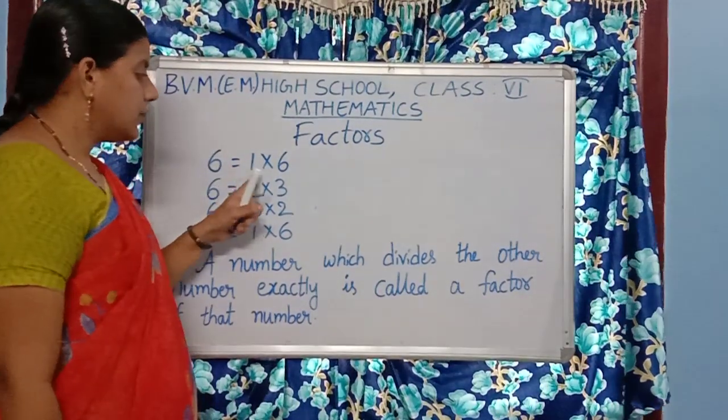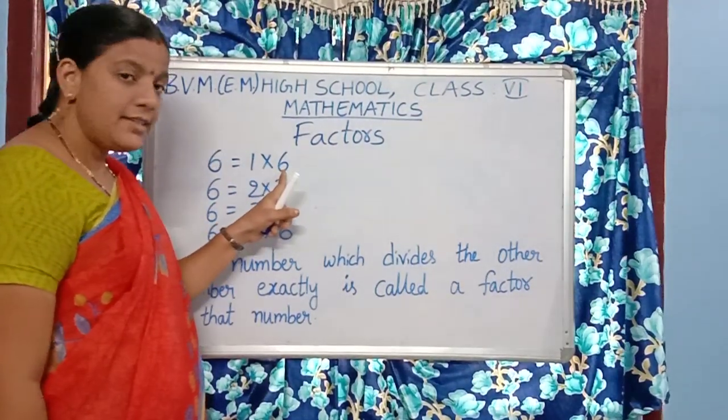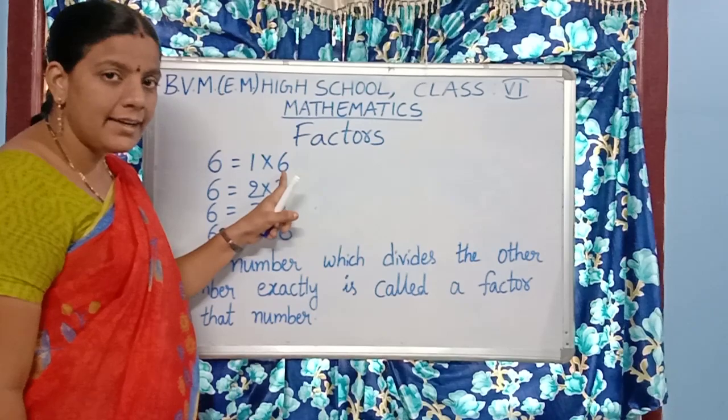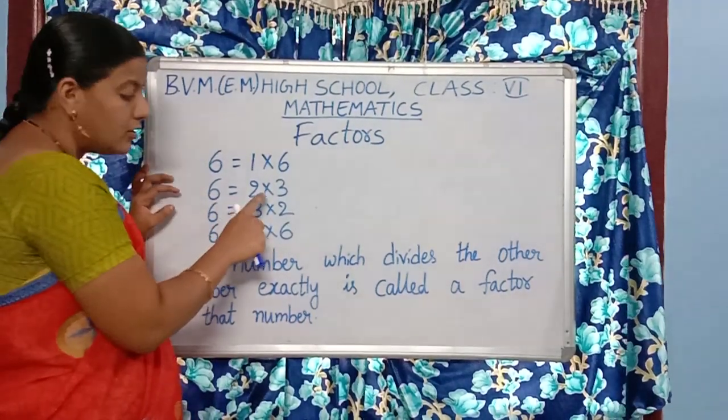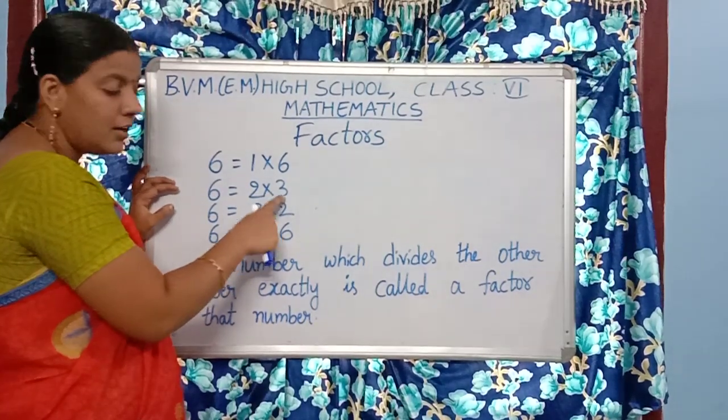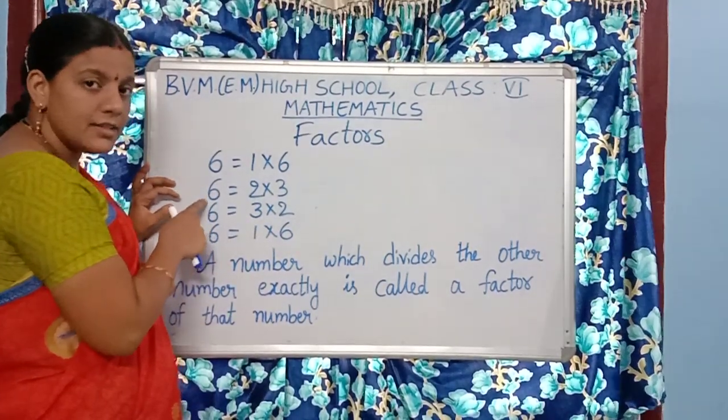Okay, 6. 1 and 6 exactly divide the 6. And from here 2 and 3 exactly divide the 6.